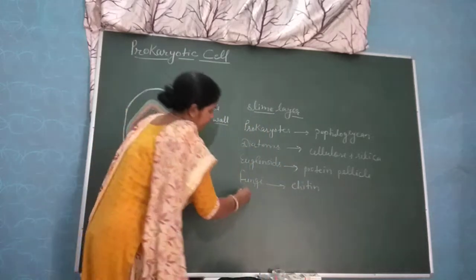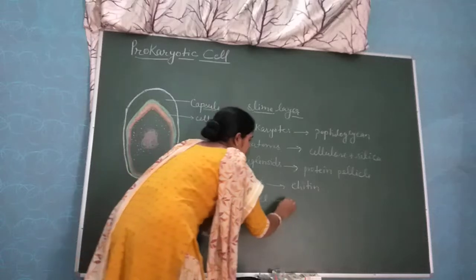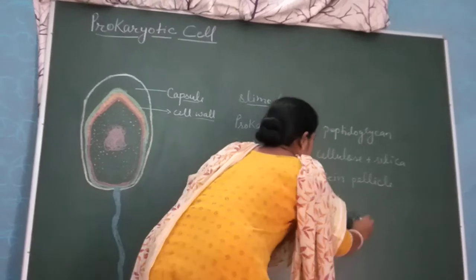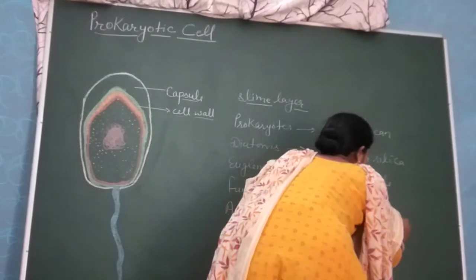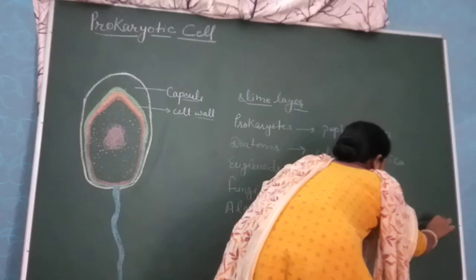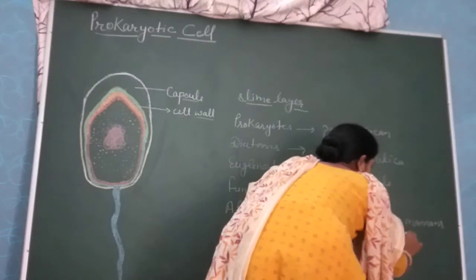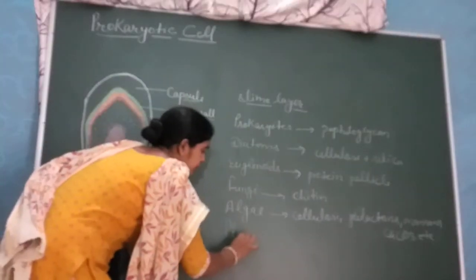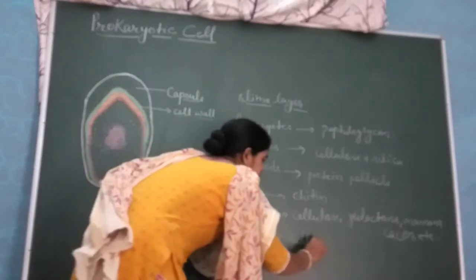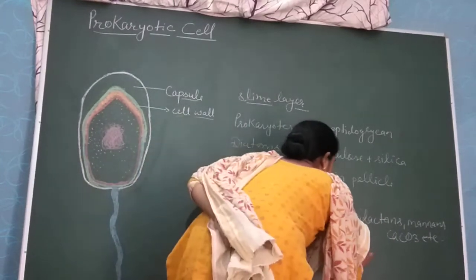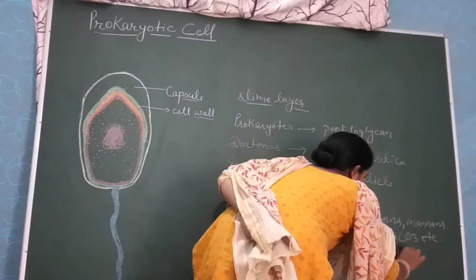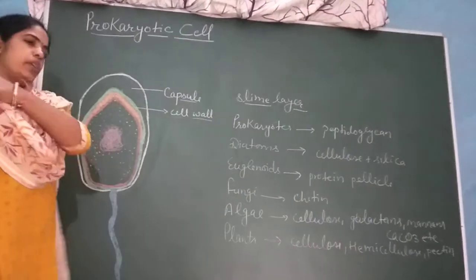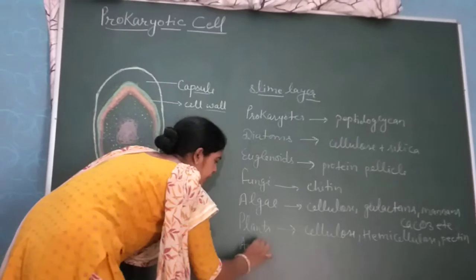Next is algae, where the cell wall is made up of cellulose, galactans, mannans, calcium carbonate, etc. In plants, this cell wall is made up of cellulose, hemicellulose, pectin, etc. And in the case of animals, the cell wall is absent.